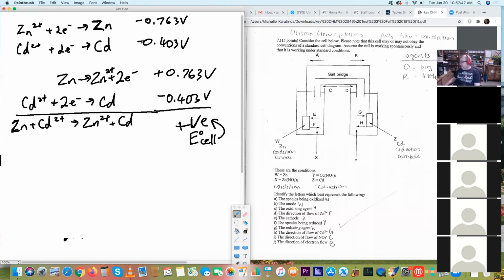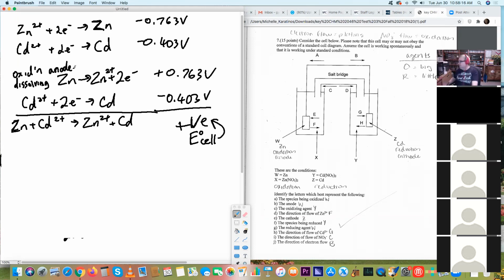All right, so what I like to do for these is a little bit of labeling to get an idea of what's happening on each side. I can tell from the top one that we're dealing with an oxidation. I also know that it's dissolving, I'll explain that in a second, and I also know that it's the anode.